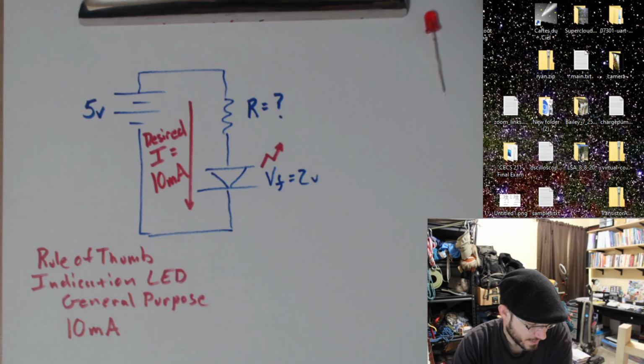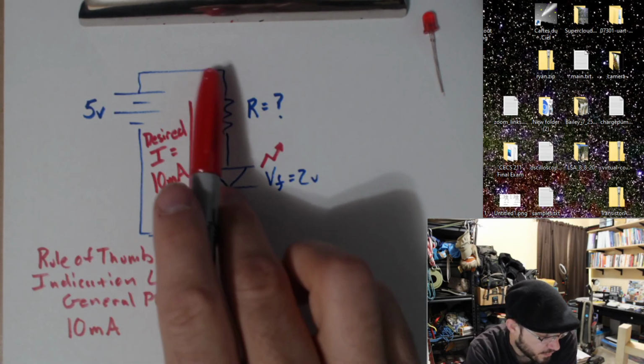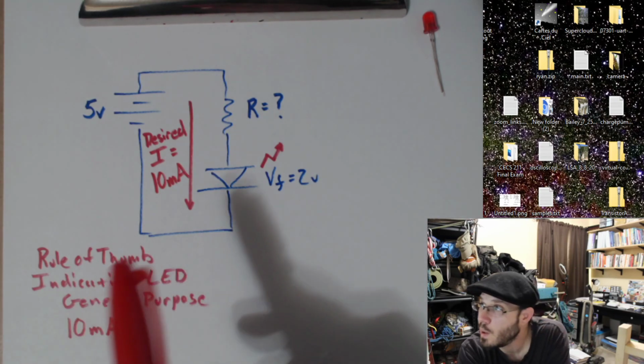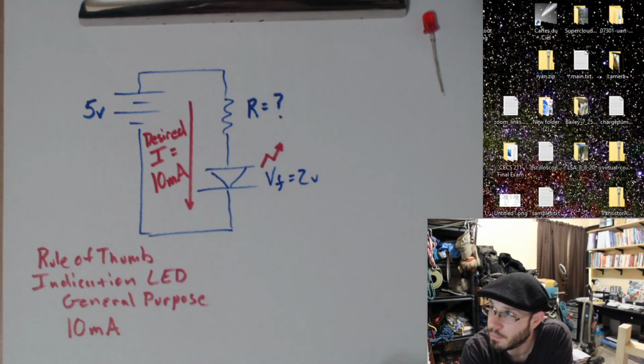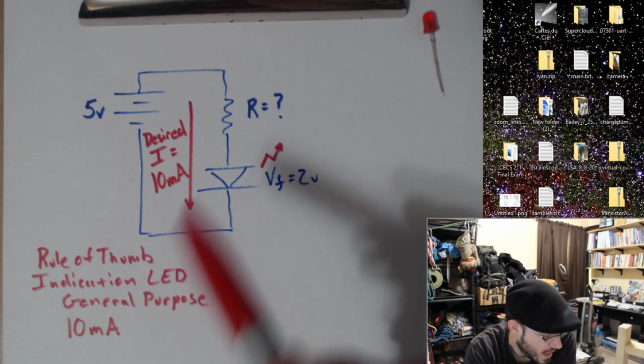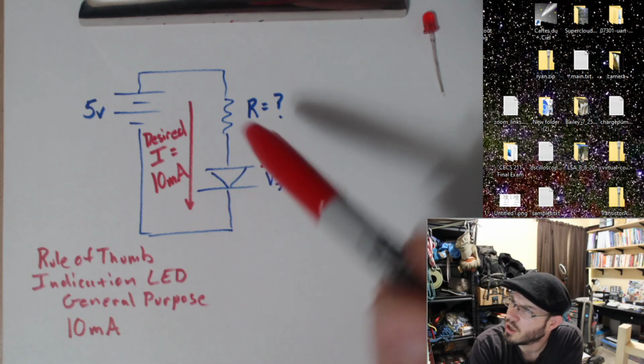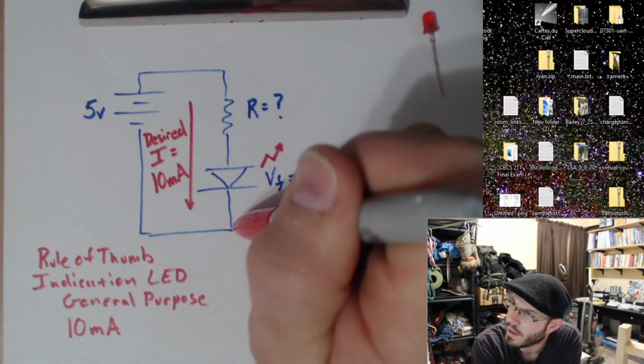Now we know that we have 10 milliamps flowing through this circuit, or at least we will once we put this resistor into place. For a series circuit, my current is the same at every point.